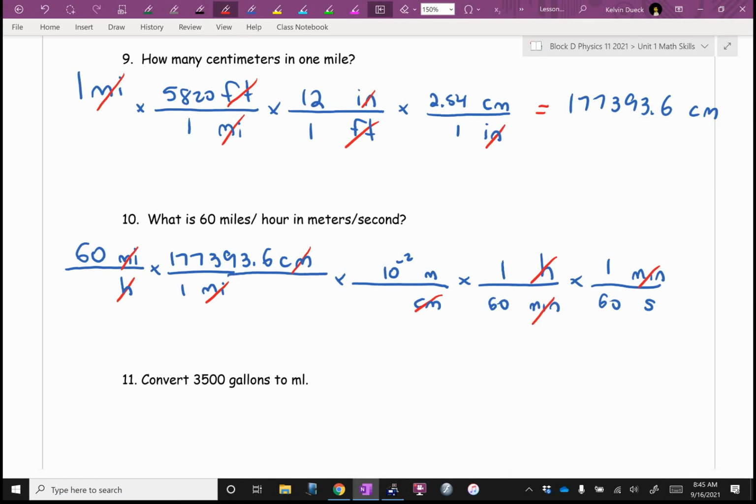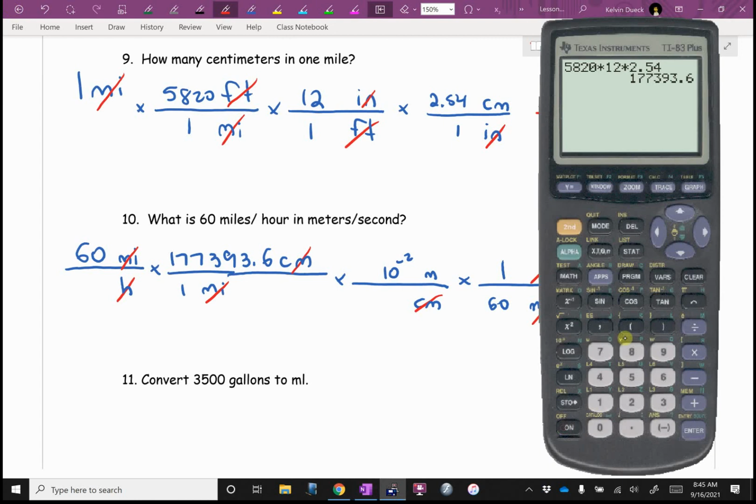So here, hey folks, I'm going to show you a nice trick if you haven't figured it out already. Have I yelled at you about getting a good calculator? If you're all following along on your calculator, then you probably have this number here, 177,393.6, stored. I'm going to go 60 times my answer button. You all have an answer button.